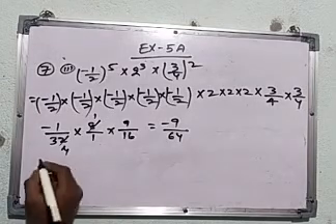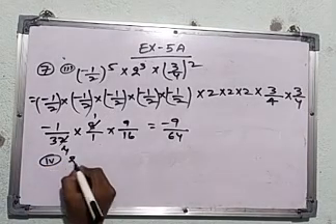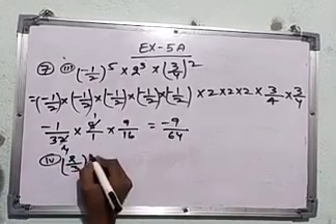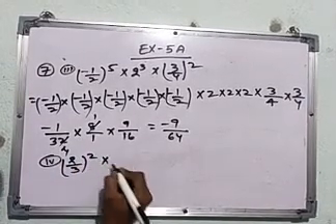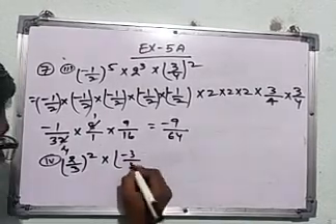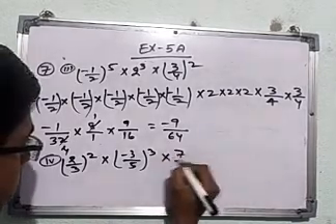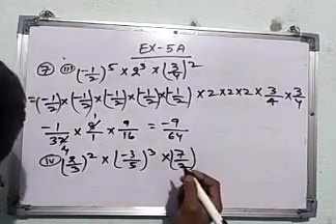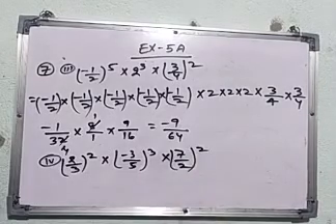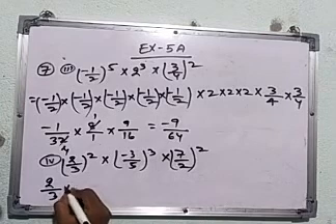Your question 4: 2 by 3 power 2 into minus 3 by 5 power 3 into 7 by 2 power 2. So you first write 2 by 3 two times.